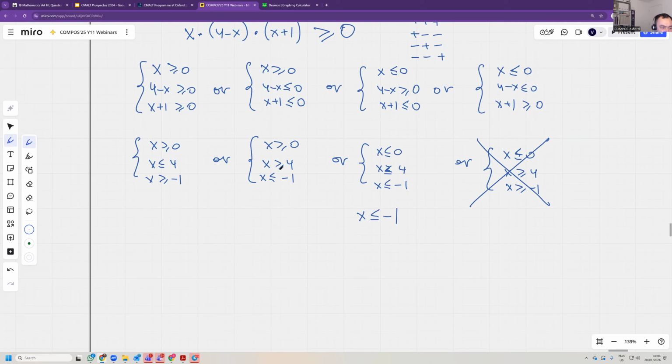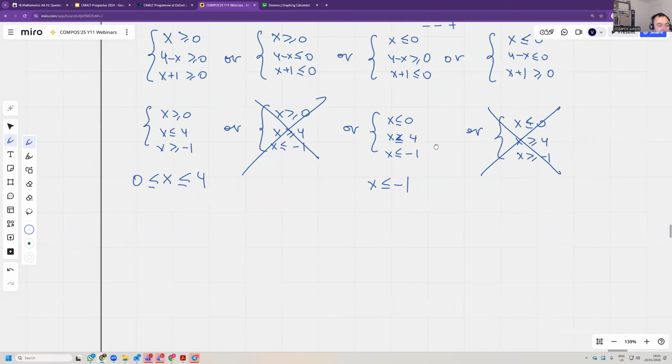Greater than 0, greater than 4, less than -1. Not possible. Greater than 0, less than 4, greater than -1. So that happens between 0 and 4, right? Only numbers between 0 and 4 satisfy all 3 conditions. Only numbers which are less than -1 satisfy all 3 conditions. These conditions are impossible to satisfy.